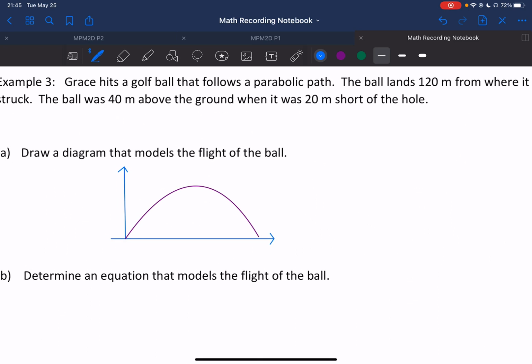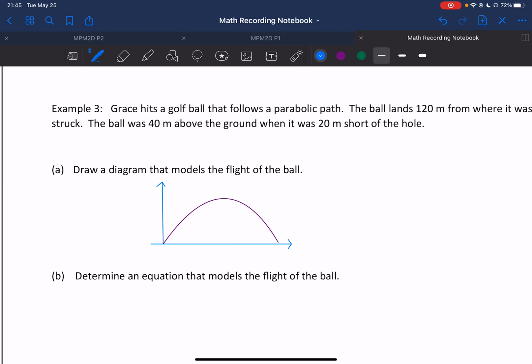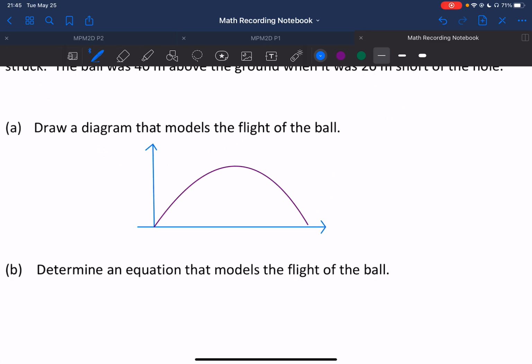What we're going to start off with is drawing a diagram that models the flight of the ball. So I've already kind of drawn one out here. What we're going to notice is that the ball is struck from the ground, so that means it struck here at 0, 0. That's our first point, our first information.